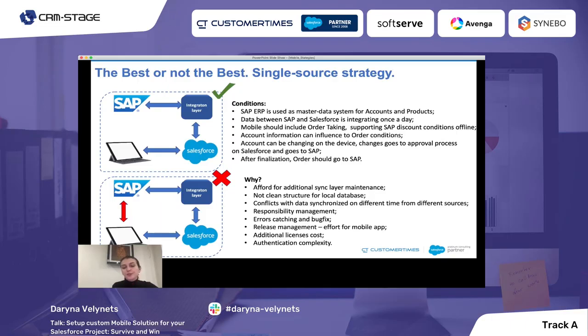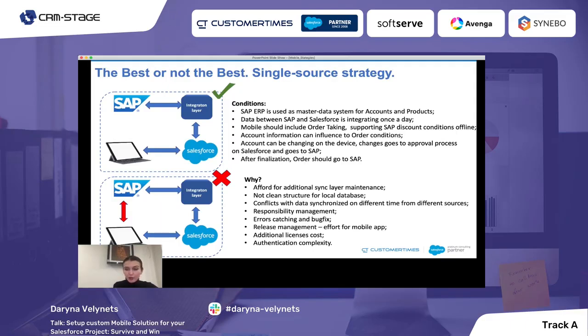And of course, release management, because if you have some changes in SAP, you adapt Salesforce and you don't need to do an additional release on mobile. If you have two integrations, it's a different situation, because you will need to do an additional release on mobile to adapt also to changes in SAP, and an additional release on mobile takes time.